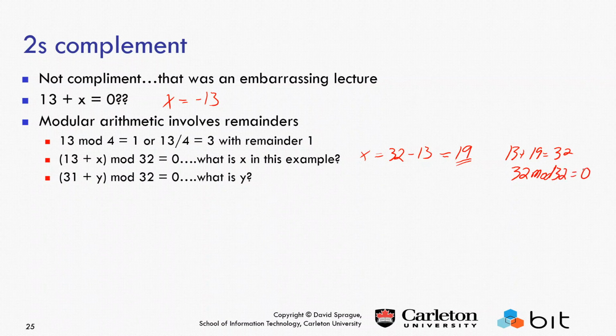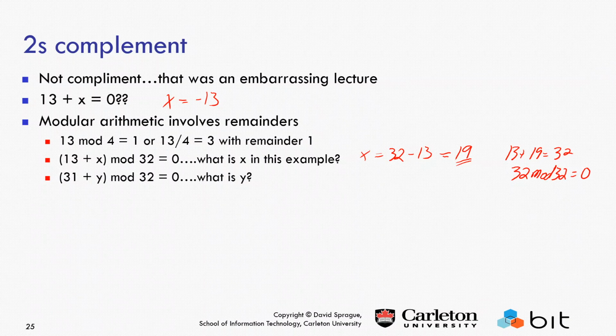If I divide 32 by 32, it's evenly divided, it gives me 1 with remainder 0. If I added 20 instead of 19, I get 33. 33 mod 32 is equal to 1.